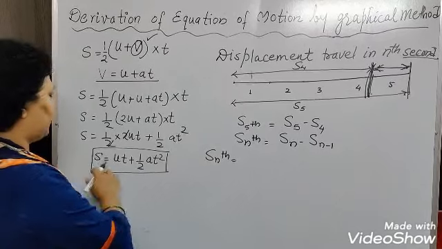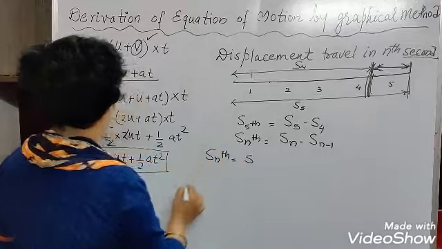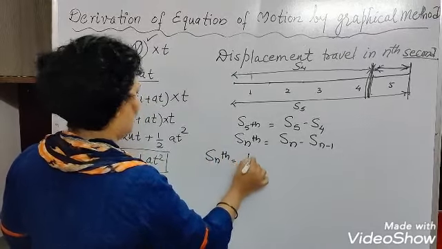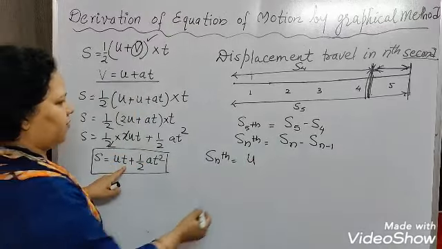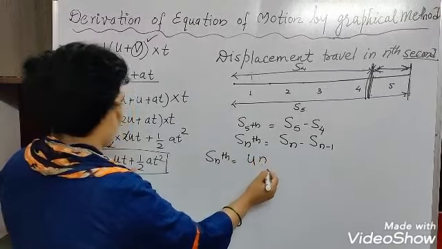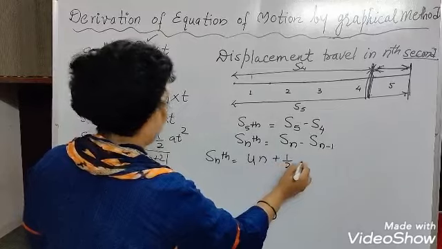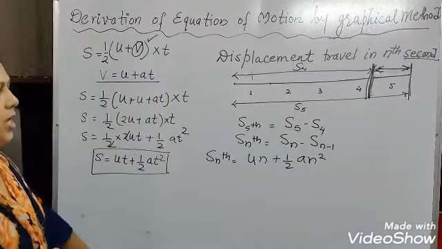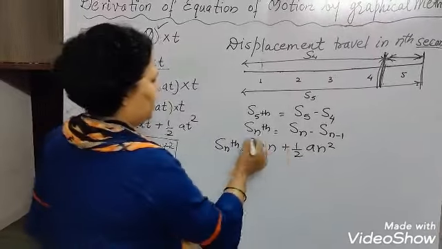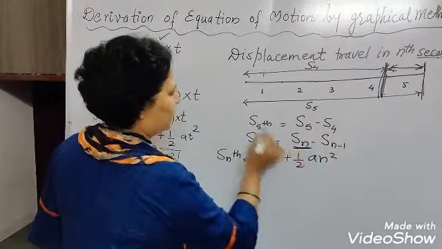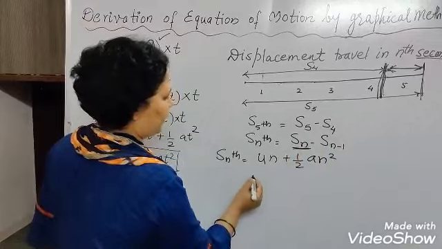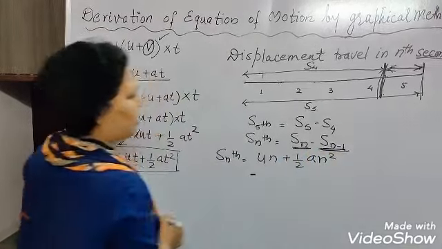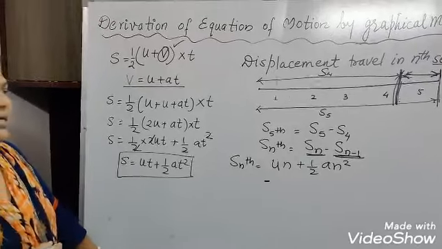So you can see that this is s, this is u, and in place of t we will write n, plus half a n square. Now this is the value of Sn. We have to subtract the value of Sn minus 1.